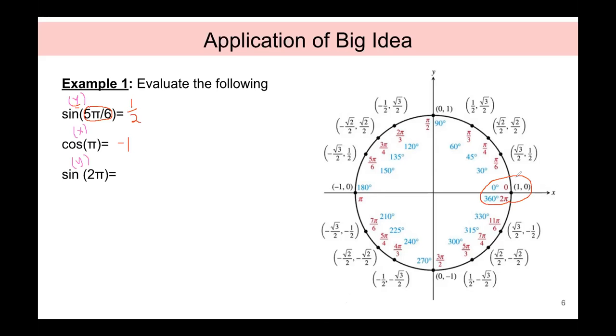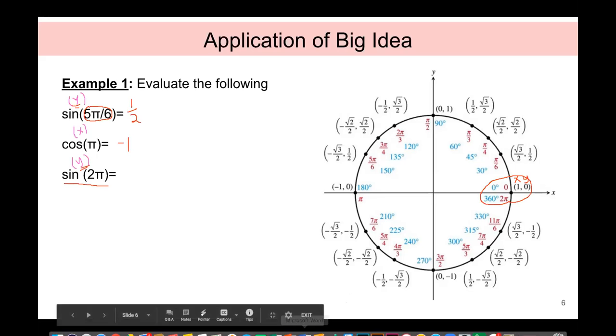Now, I'm going to go ahead and label my points. And this is asking me for the sine. So that means I'm looking at the y. What is the y value at (1, 0) here? What would be my answer for this problem?